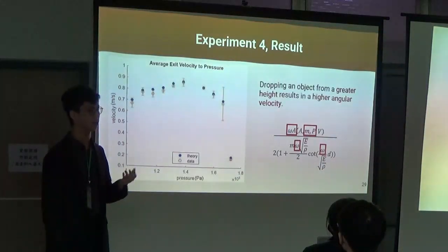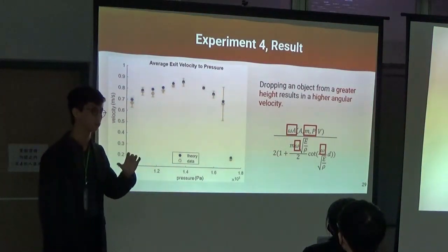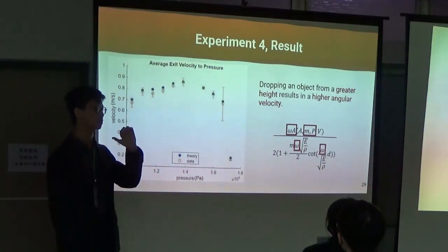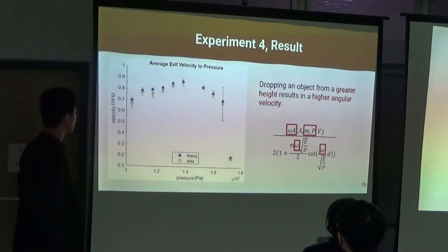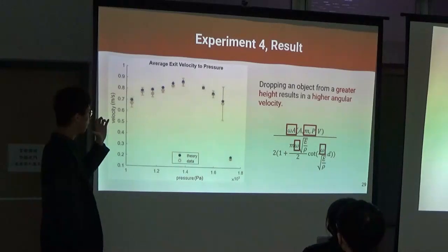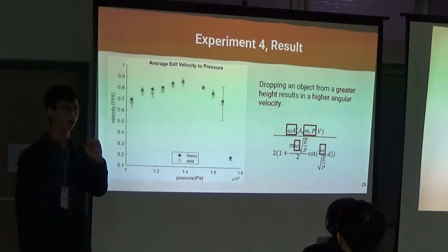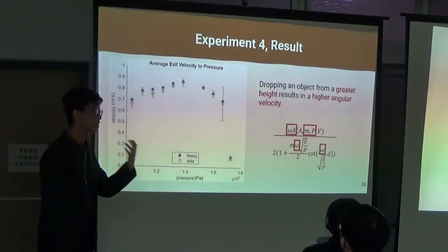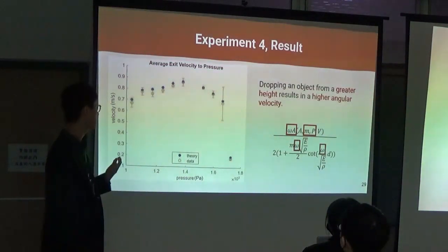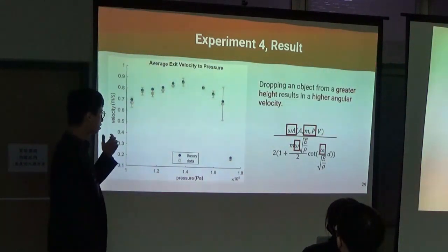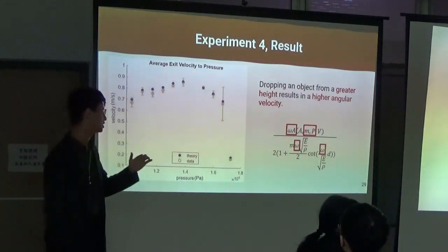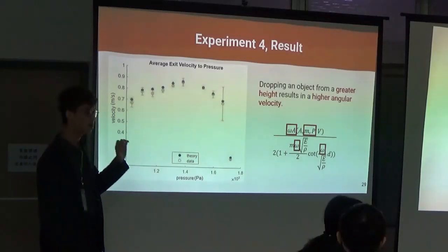If it's too high, it will cause the cushion to be unable to compress and create a large amplitude. As you can see in this experiment, we do find a suitable pressure that can obtain the maximum x velocity, which affects the angular velocity, angular frequency, and the amplitude of the equation we derived.